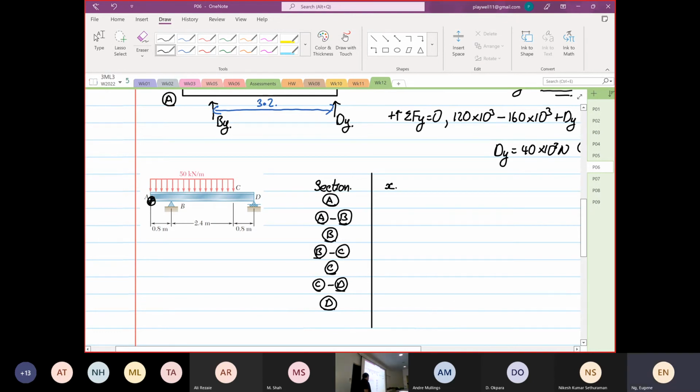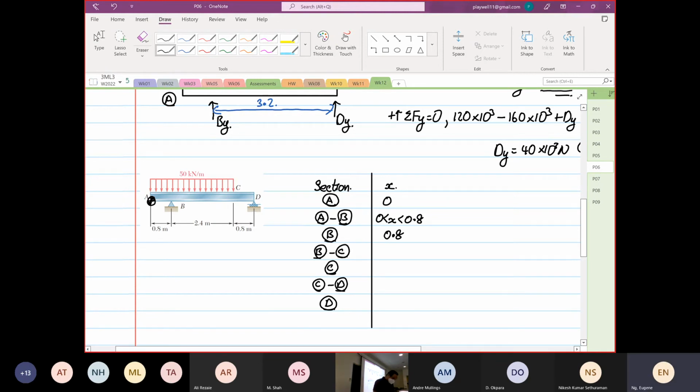Geometric datum is always on the extreme left of the structure. So this is 0. A to B means X will range from 0 to 0.8. At B, X is equal to 0.8.